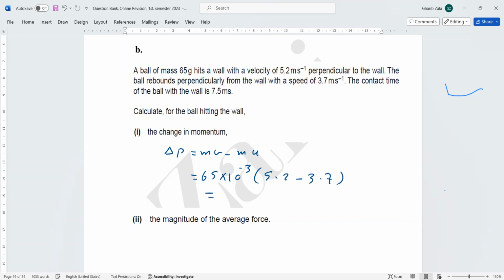So the answer is 0.58 Newton second. For the magnitude of the average force, the force equals the change in momentum over time, 0.58 over the time, which is 7.5 millisecond, 10 to the power negative 3. The answer is 77.1 Newton.